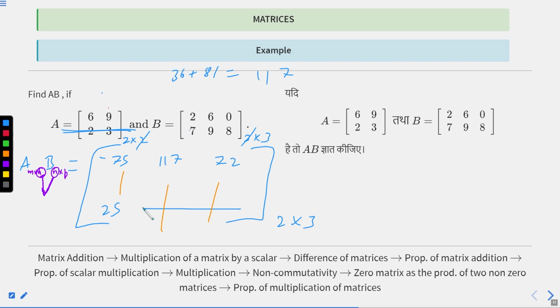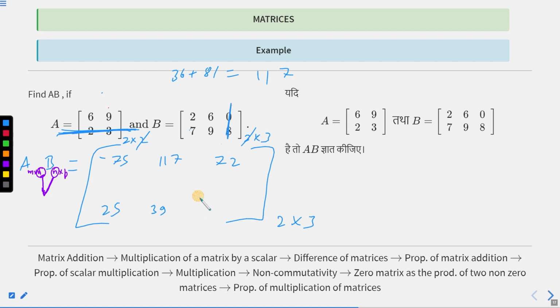Now the row remains the same, this horizontal line remains the same, but the vertical line changes to the second column. 12 plus 27, which means 39. Clear? Now this horizontal line remains the same, but this changes to the third column.